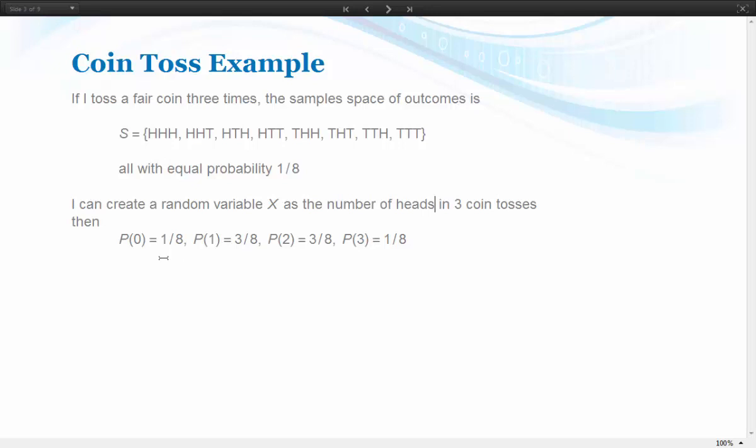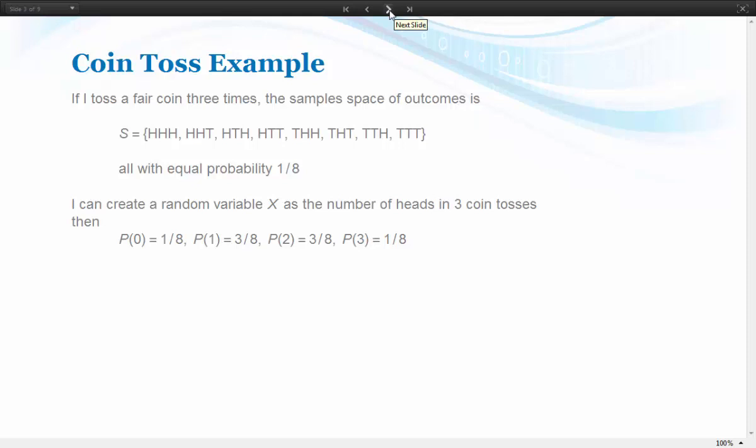They're all between 0 and 1, and they add up to 1, because 3/8 plus 3/8 is 6/8. Add 1/8, I get 7/8. Add 1 more, I get 8/8 or 1. So we've created a random variable out of this non-numeric experiment by making a number, which is the number of heads, with these given probabilities.